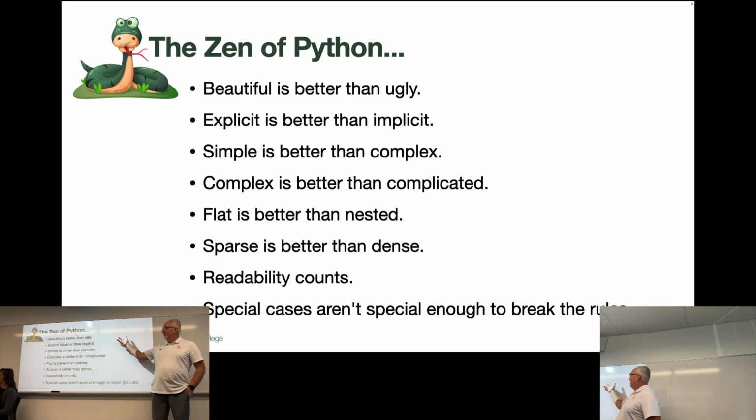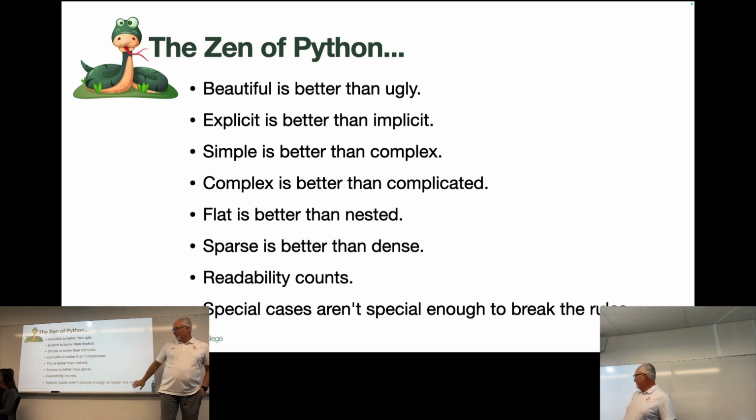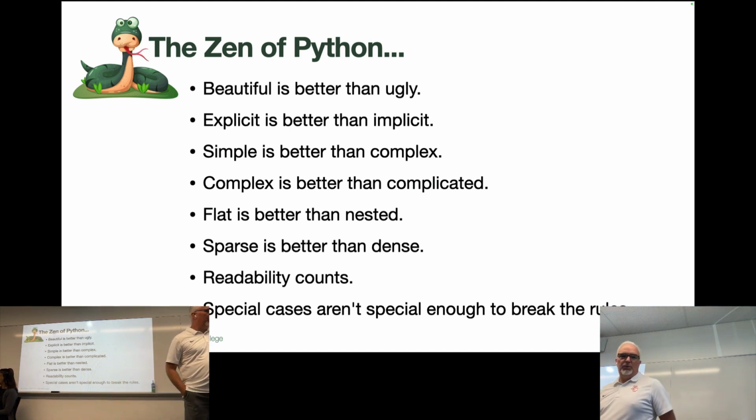And so the first ones say, beautiful is better than ugly, explicit is better than implicit, simple is better than complex, complex is better than complicated, flat is better than nested, sparse is better than dense, readability counts, and special cases aren't special enough to break the rules.